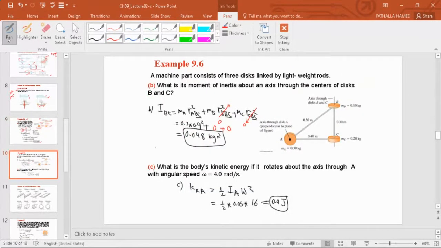Now, in part B here, what is the moment of inertia about an axis through the centers of disks B and C? So now you're looking through this axis here. You're rotating around this. So the same thing, if you want to calculate your moment of inertia, now we said BC here, that means around this line, BC. So it is MA RA, how far is it from this line BC?